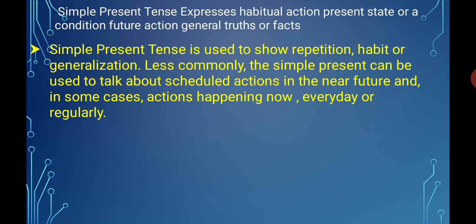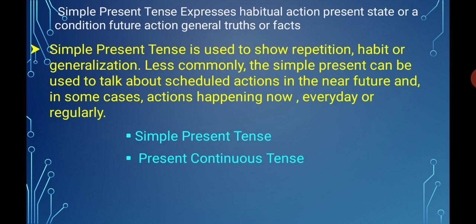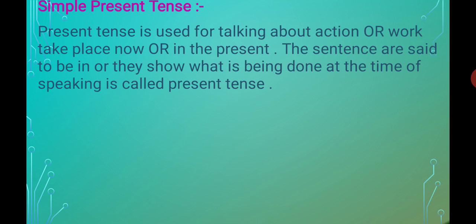In this lesson we are going to learn about two more important kinds of tenses, which are simple present tense and present continuous tense. So let's start. Let's see first of all the definition of the simple present tense. What is the simple present tense? We know, as we saw in our previous slide, that present tense is used to talk about an action or work that takes place now or in the present.